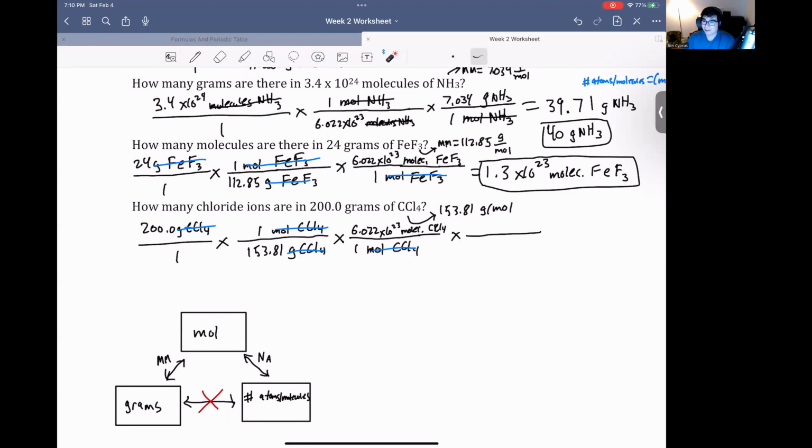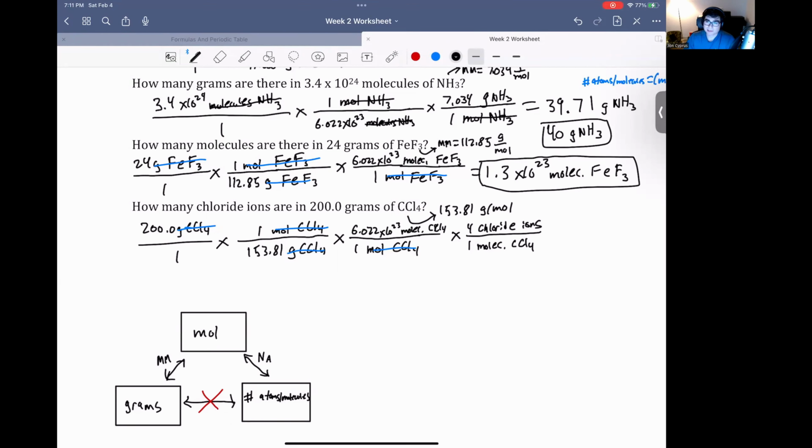Chlorine, there are 4 of them for every 1 full molecule. So I can say for every 1 molecule of carbon tetrachloride, I have 4 chlorines or 4 chloride ions. There are 4 chloride ions for every single one.